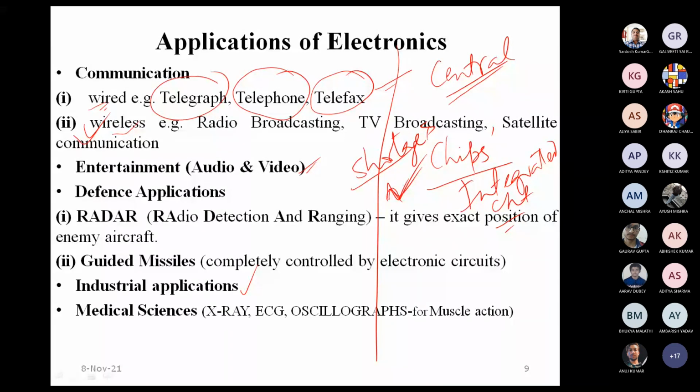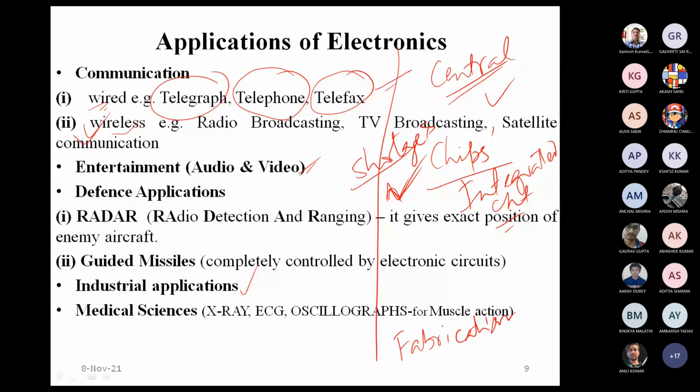So electronics has very wide application, and the central government is also focusing on this by having manufacturing units which we call fabrication houses.